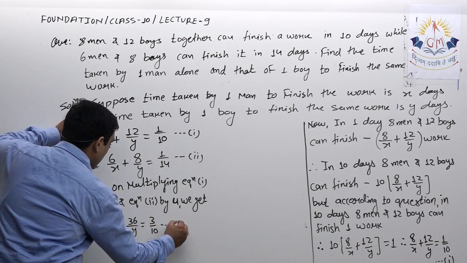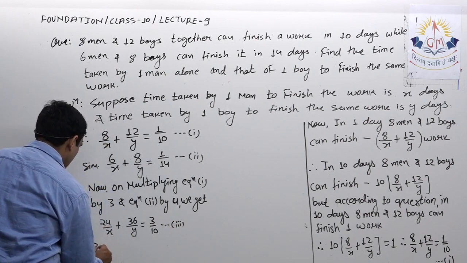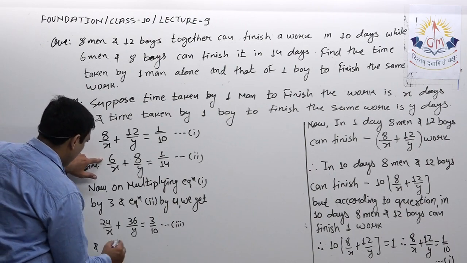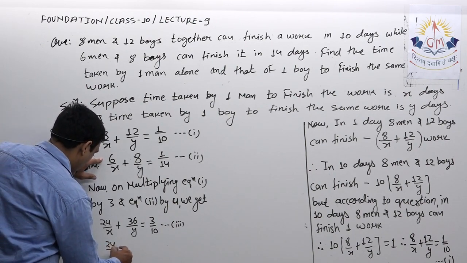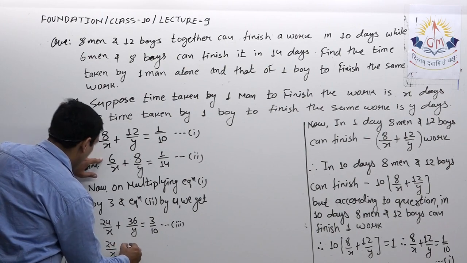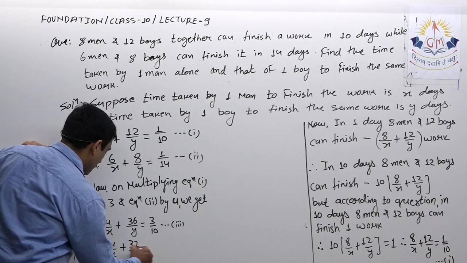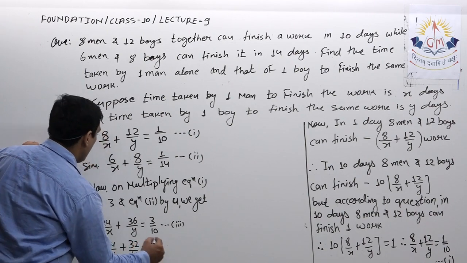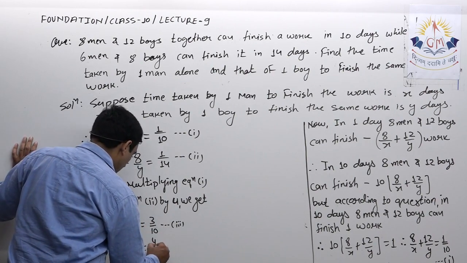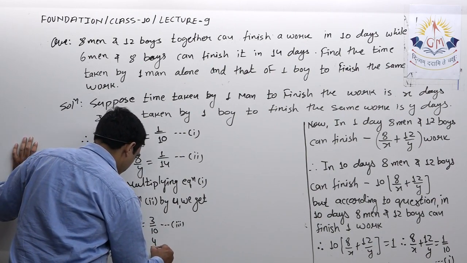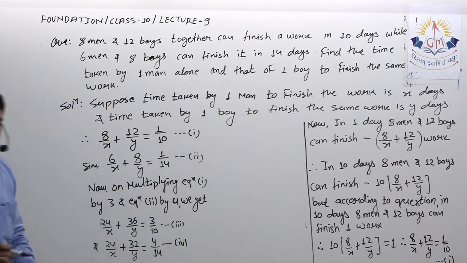Let it be equation number 3. And equation 2 will become 24 upon x plus 32 upon y is equal to 4 upon 14. Let it be equation number 4.